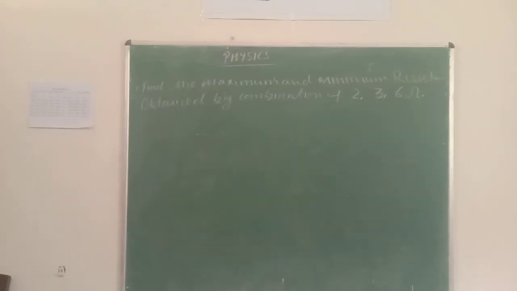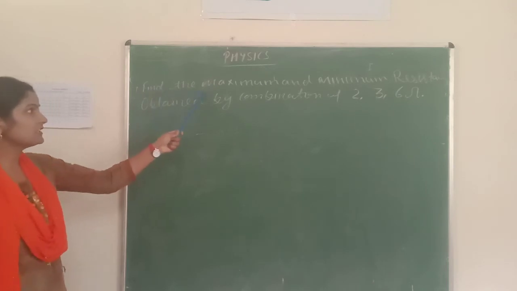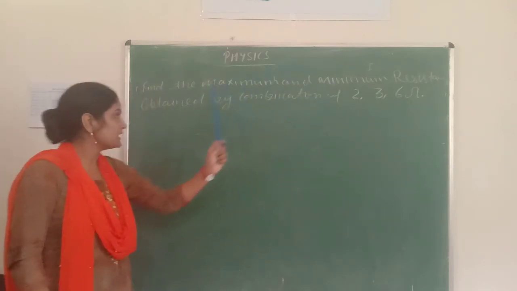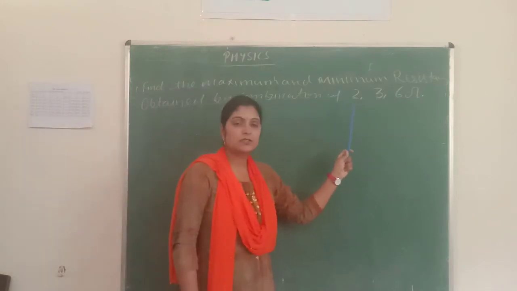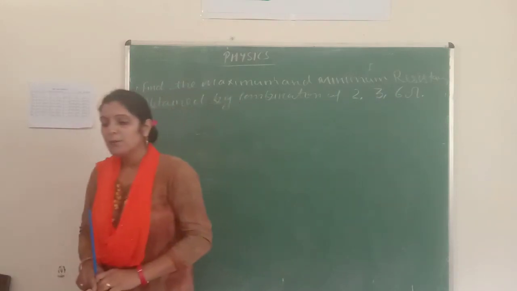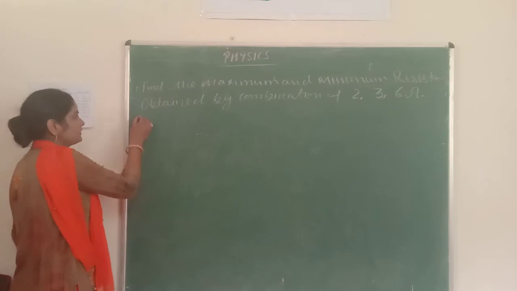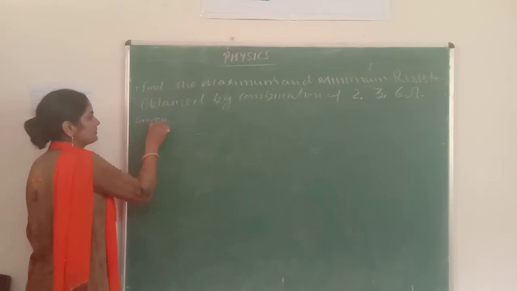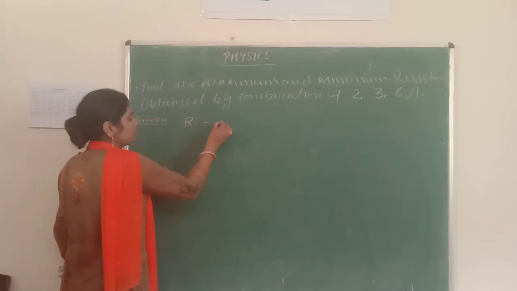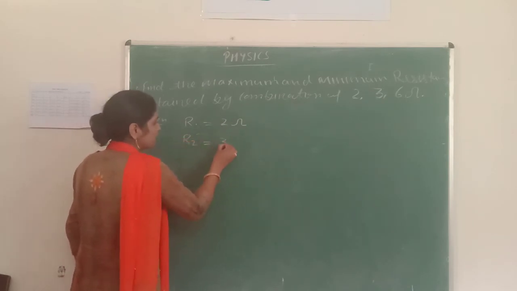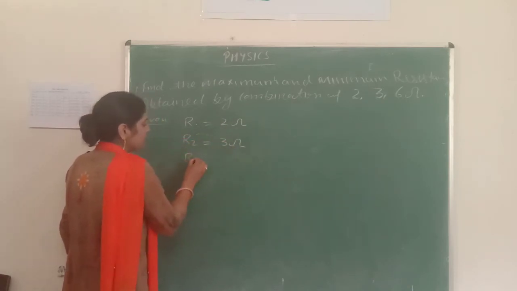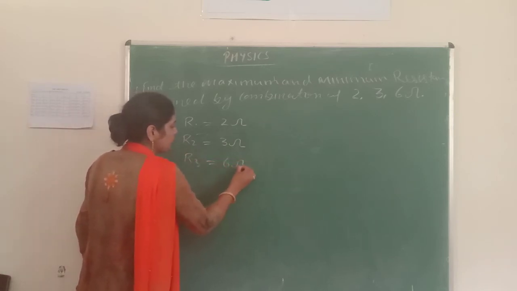Okay, so the question is written on your board: find the maximum and minimum resistance obtained by the combination of resistances 2, 3 and 6 ohm. Means we have been given R1 is equal to 2 ohm, R2 is 3 ohm and R3 is 6 ohm.